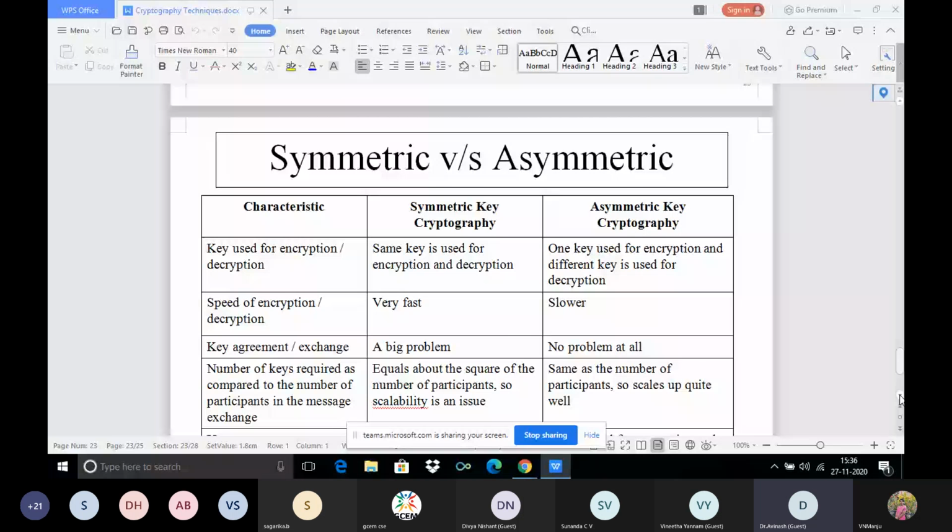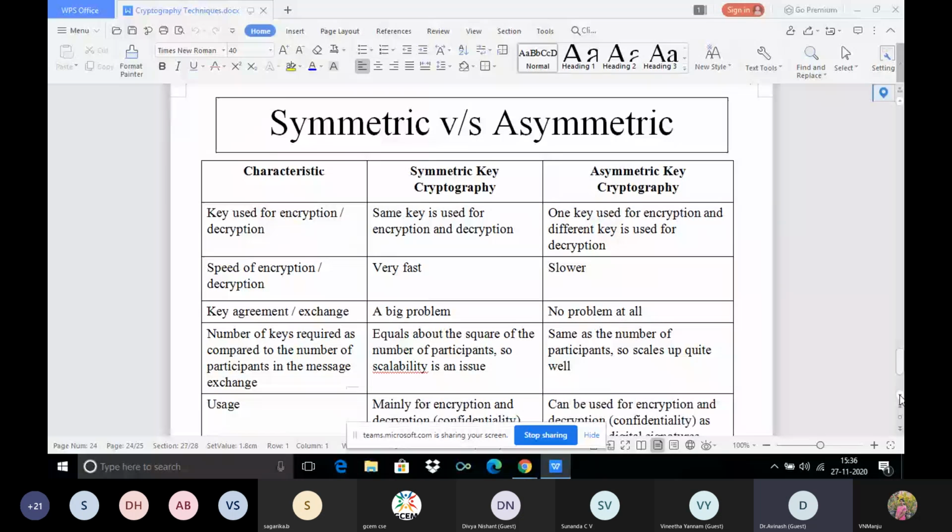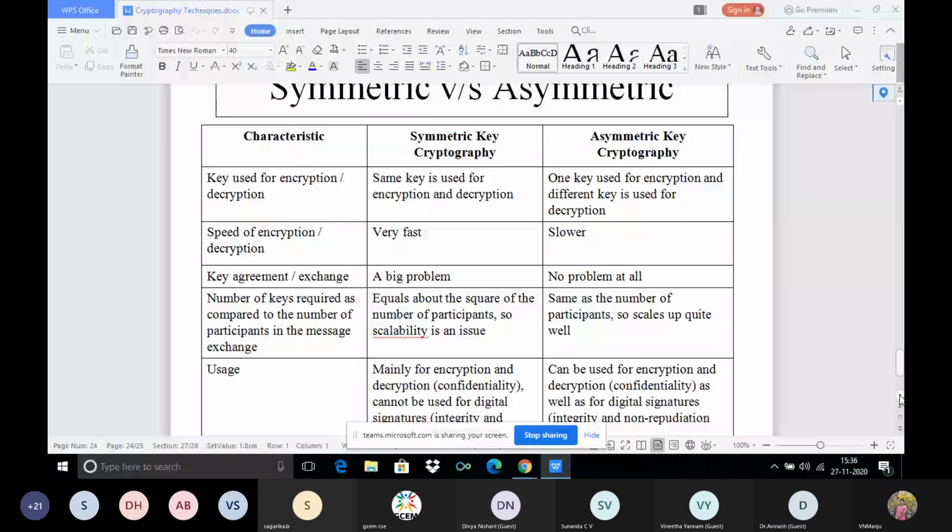So the main differences between the symmetric and asymmetric cryptographic technique we are going to discuss on the basis of different characteristics. So the first characteristic for symmetric and asymmetric cryptography technique is the key used for encryption and decryption.